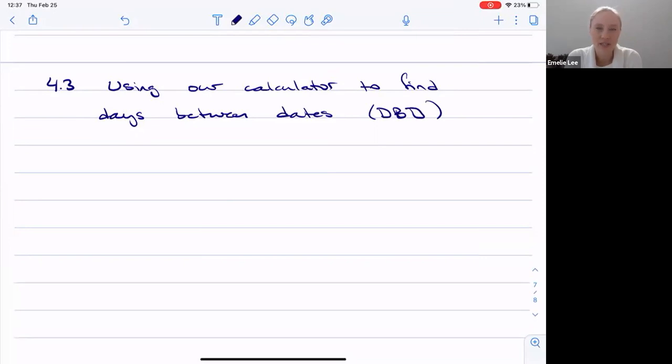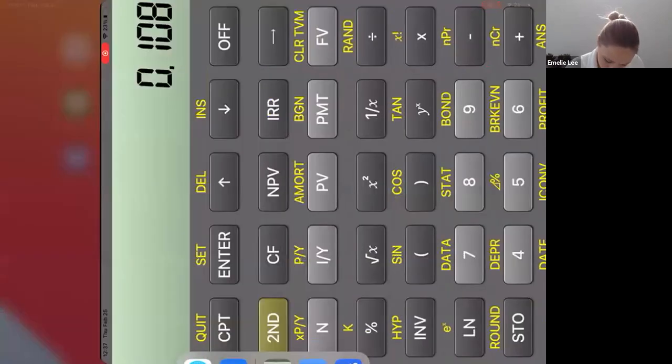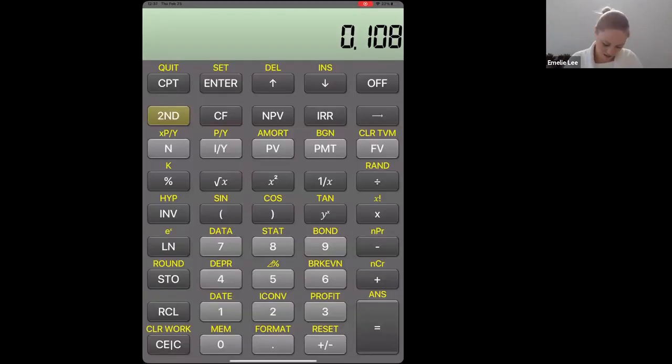On your calculator, there's a date function. It's in the second menu above the 1. If you hit 1, I'm just kind of holding it down, there's the date menu. So you have to go second date.